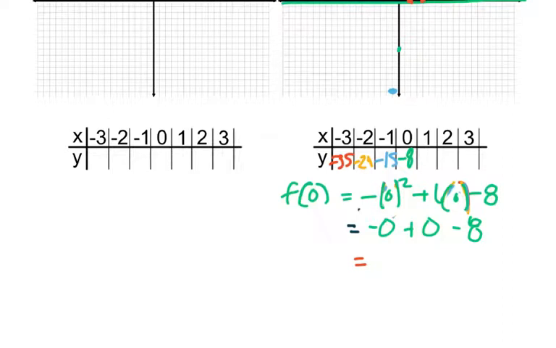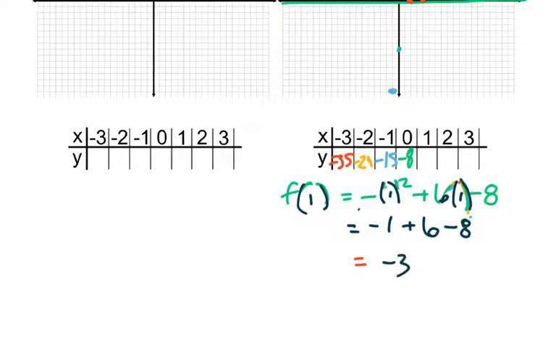All right, so then we're going to plug in a number 1. So this is a positive 1 this time. It turns out 1 squared and then made negative is still negative 1, but then 6 times 1 is a 6, and then minus 8. So now we are at 6 and negative 9, so negative 3. So 1, negative 3, 1, 2, 3 right there.